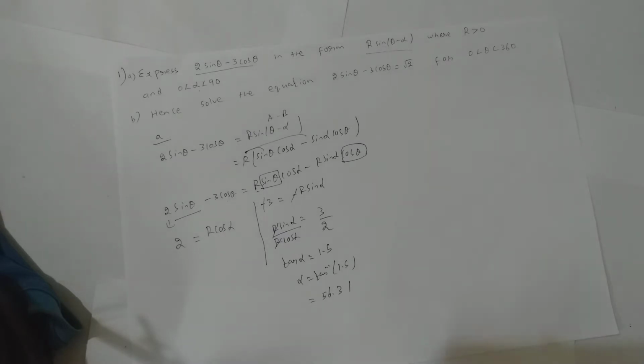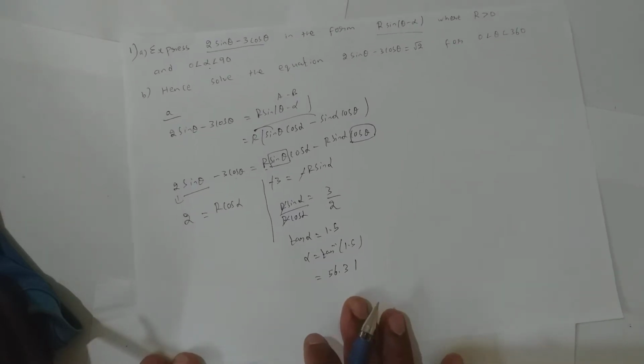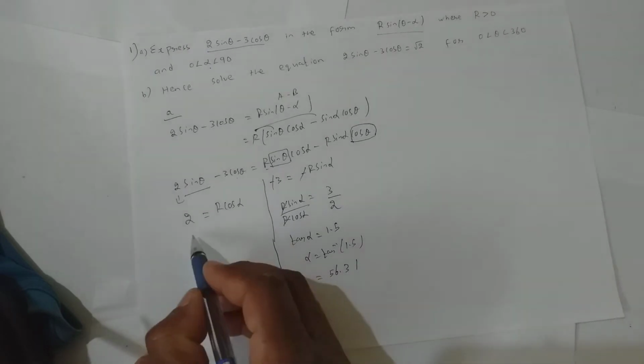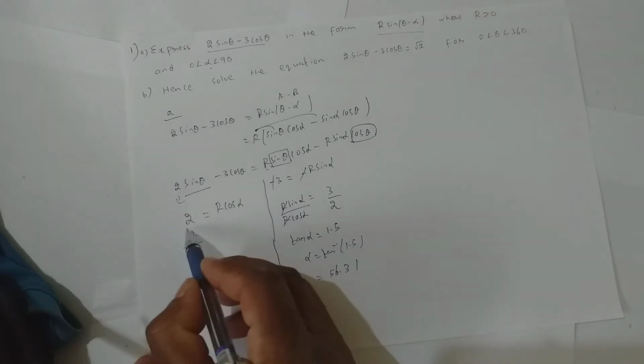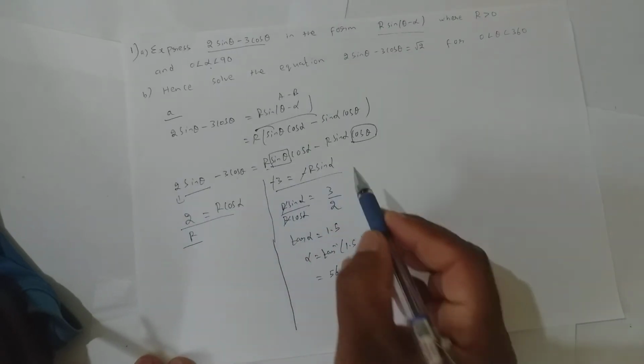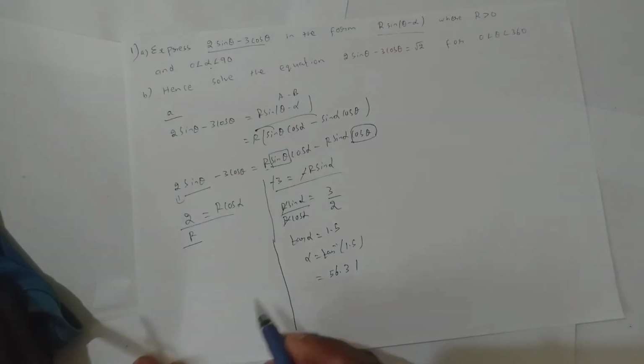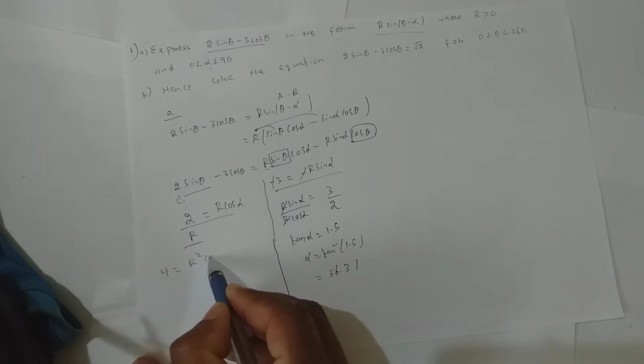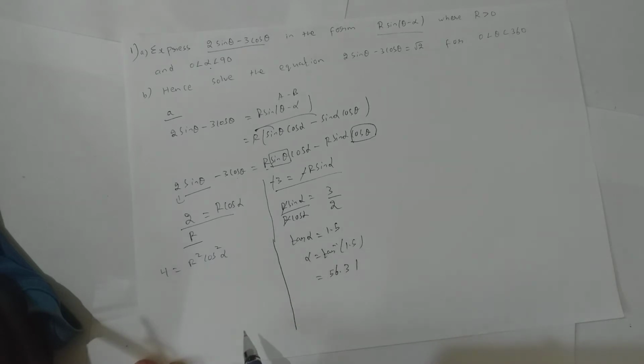Is it clear? Now how do I get r? Always follow this: to get r, square these and add. It will be easier. So if you square this, 4 equals r square cos square alpha.